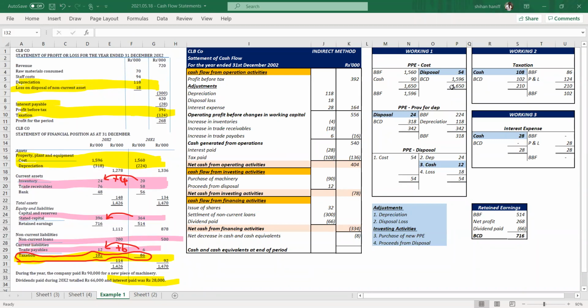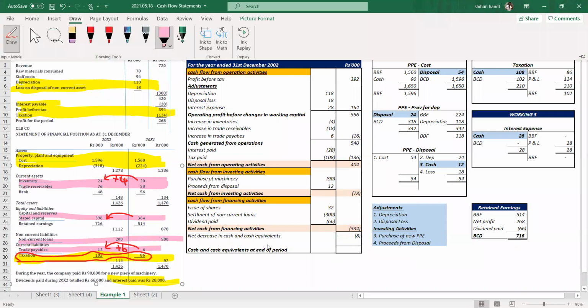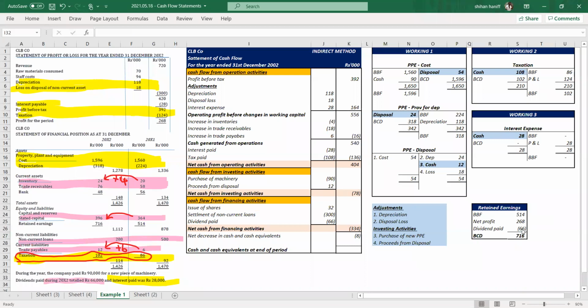Dividend paid is given, Yogesh, here. Yeah, 66,000 dividend paid is given. Even if it is not given, the difference we can take as dividend paid.